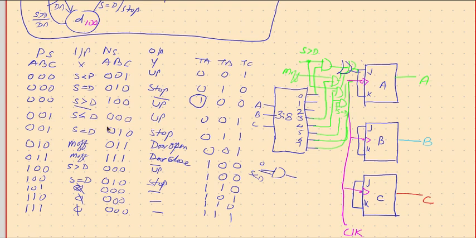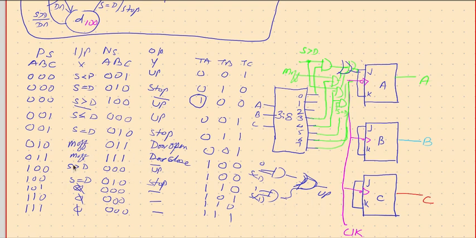And then state 1 and S less than D should be up. Yes, two ups are there. So these two together will become up. This is an OR gate. Same way for up bar, state 0 and S greater than D, then state 4 and S greater than D will get you up bar.